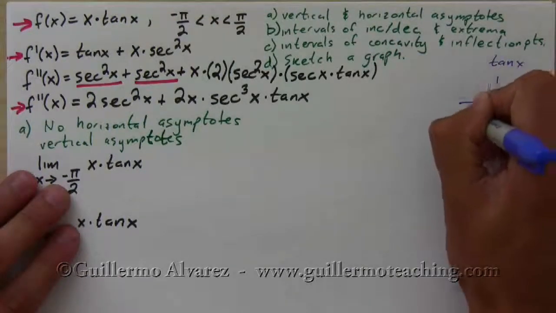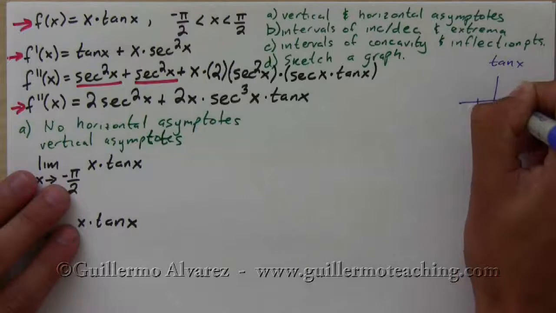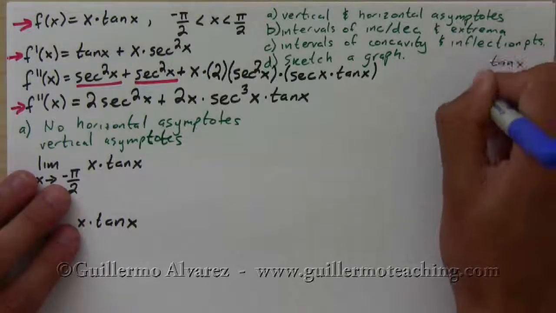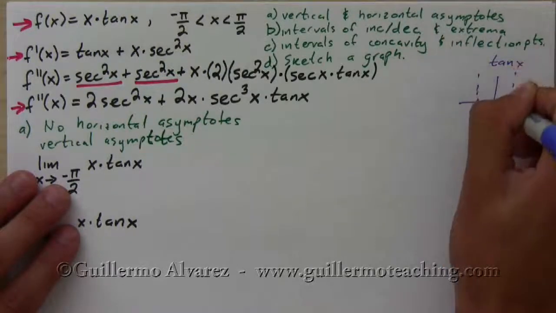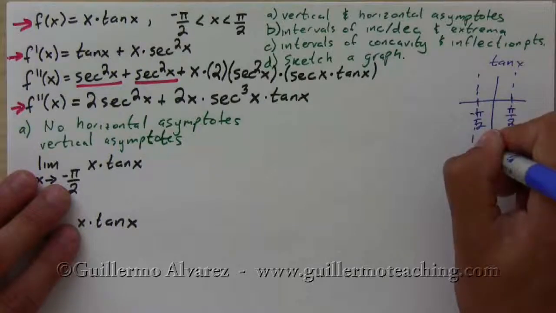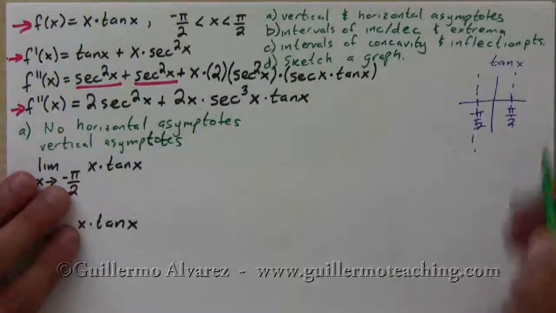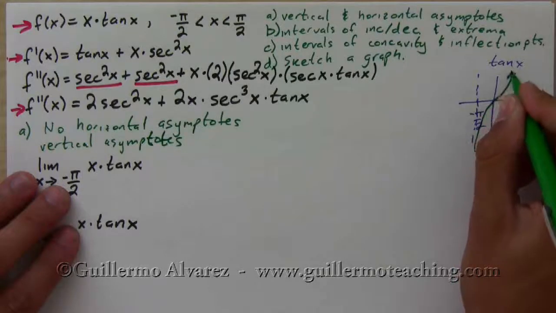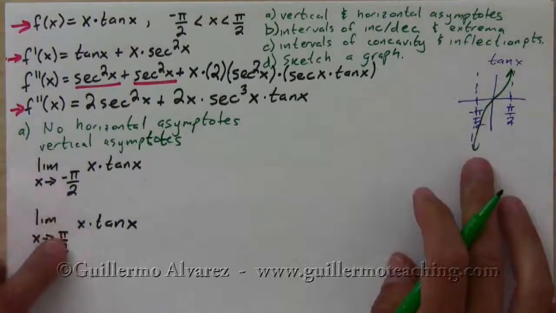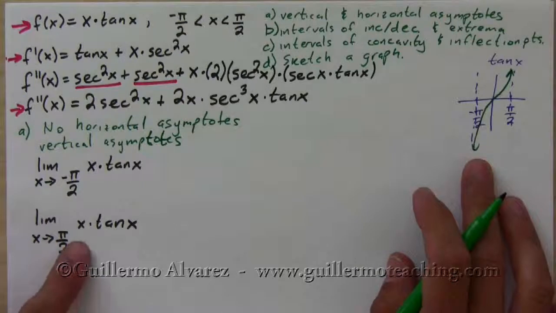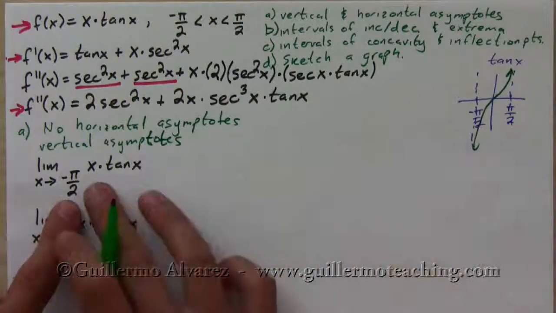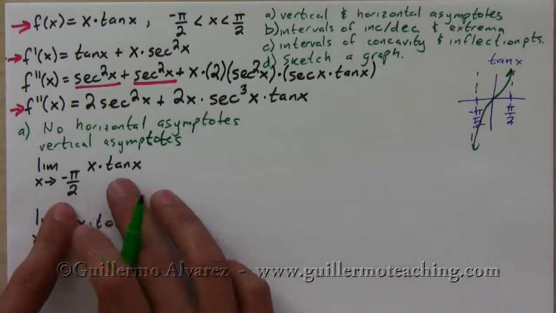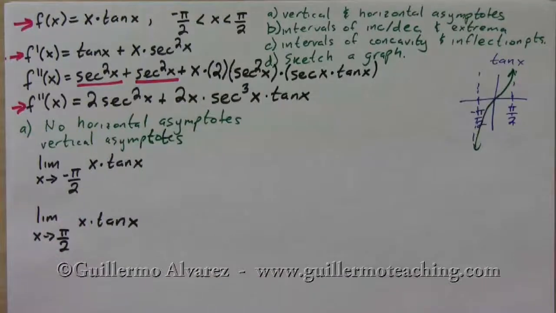So this is negative pi over 2. This is pi over 2. And the tangent function, from negative pi over 2 to pi over 2, looks something like this. So it goes off to infinity. So what we should do is find the limit as x approaches these values and see where it's going. Okay.